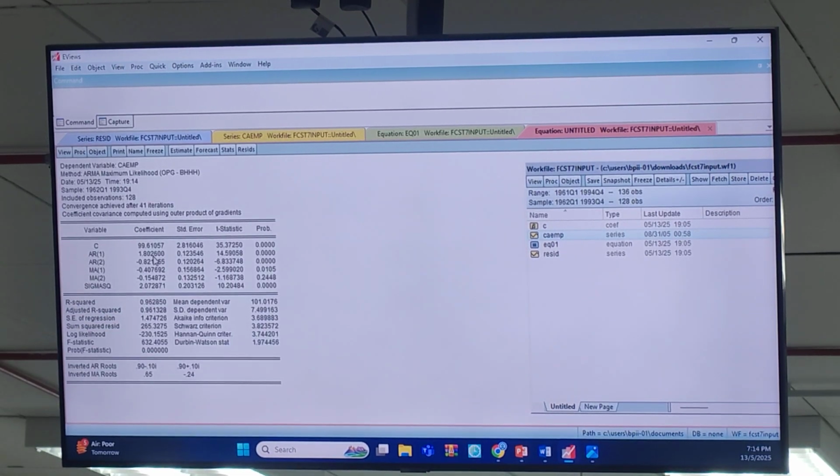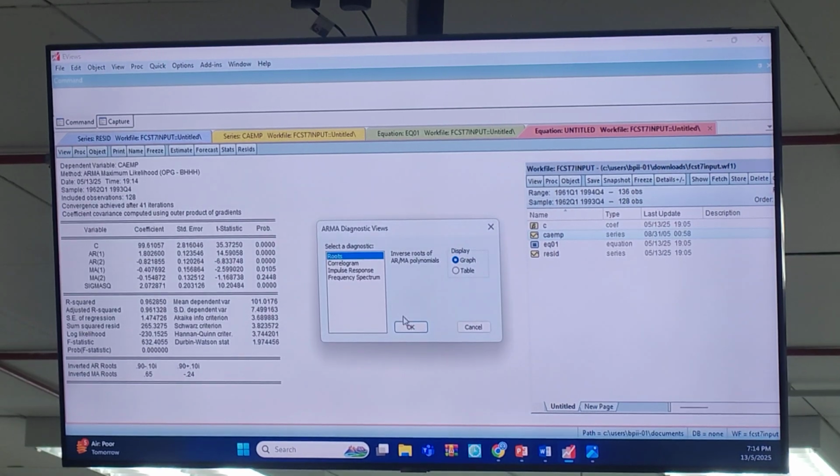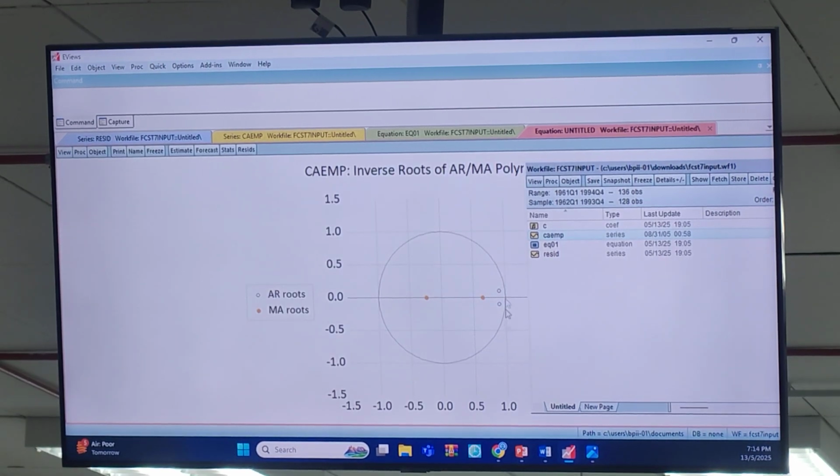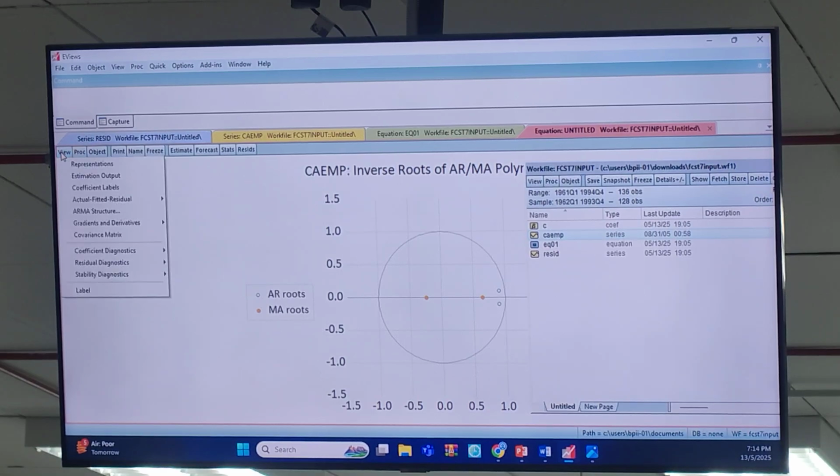So we have this. As usual, you check ARMA structure to see whether it's invertible as well as stationary or not. Yes, all inside, so it is invertible as well as stationary.